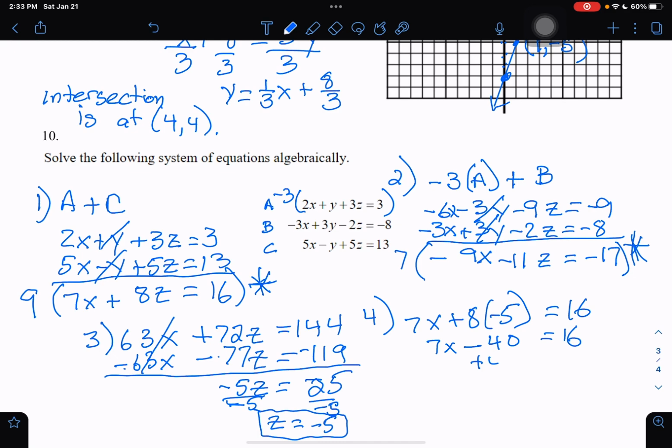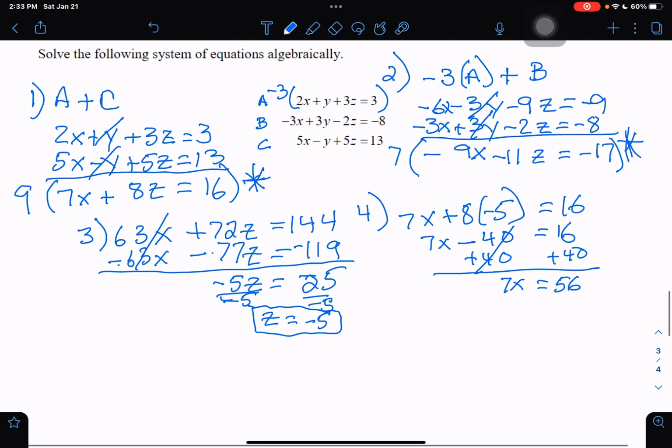I'm going to add 40 to both sides. I get 7x is equal to 56. I'm going to divide by 7, and I have x is equal to 8.